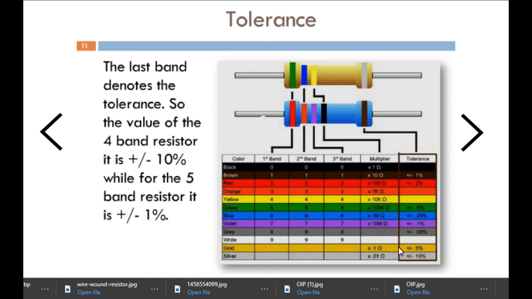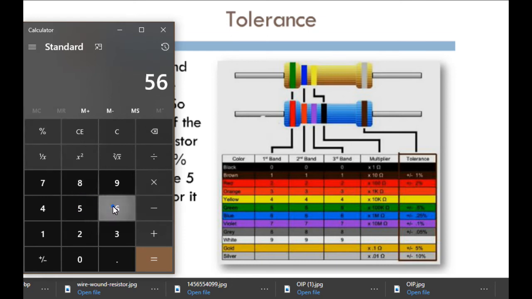So 5, 6 multiplied by 0.1, your total value will be 5.6 ohms. And if the multiplier band is coded with silver, then your first two values 5, 6 will be multiplied by 0.01.